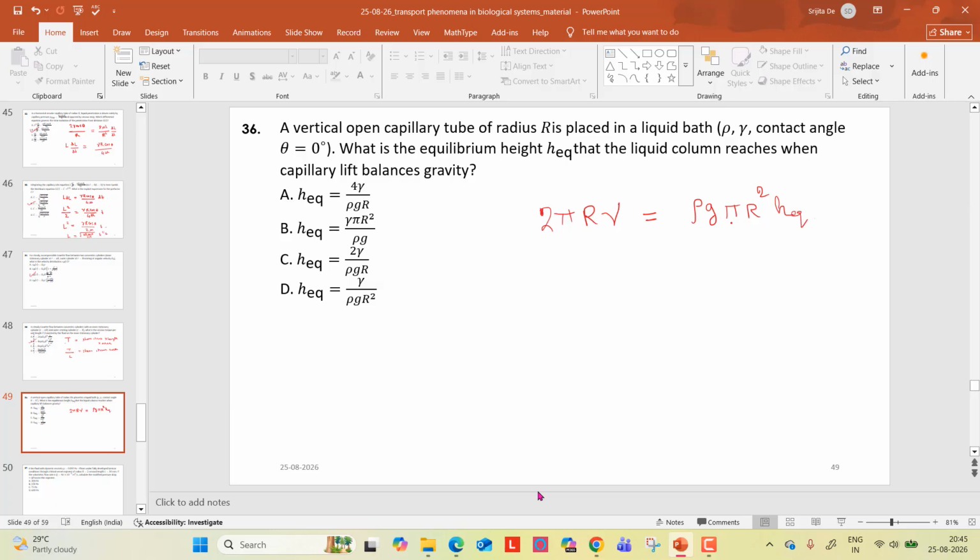So rho g h is the pressure into area, that is the force, and this is the interfacial tension. So h equilibrium will be coming as 2 gamma by rho g r. Option C.